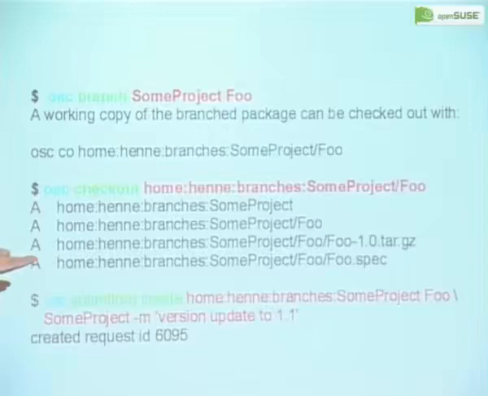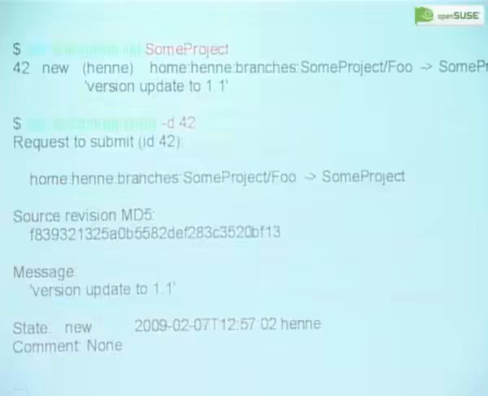I can do that with a command too. I can just do osc submitrequest create and then create a patch from my project, which I updated, to his version, which is not updated. Pascal gets a mail and will see that there is a submit request for his package foo.